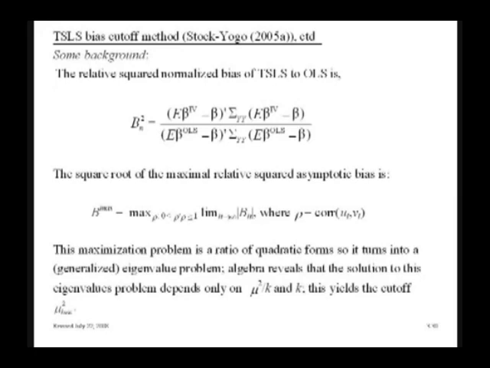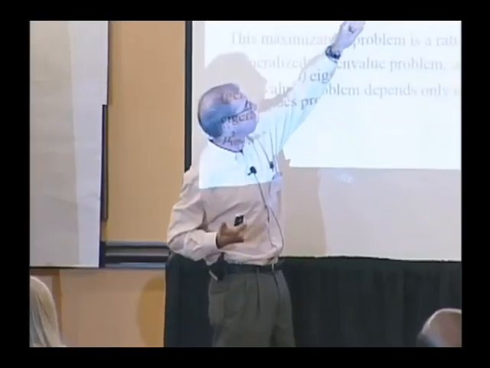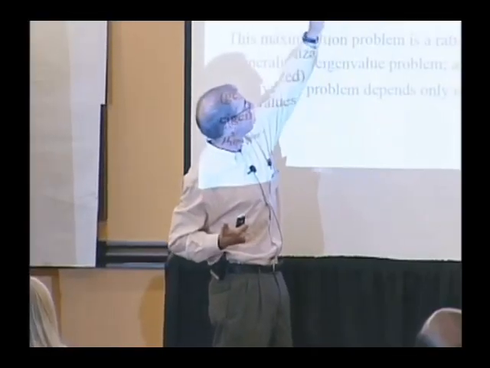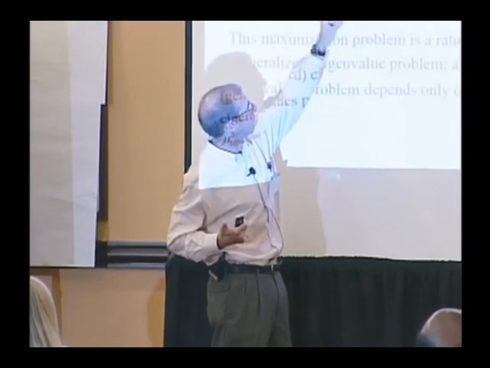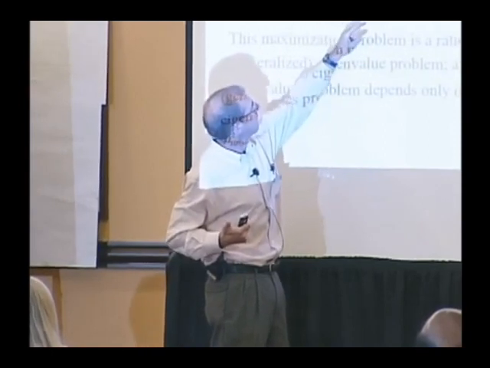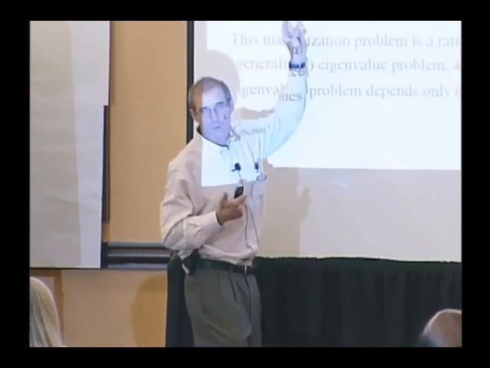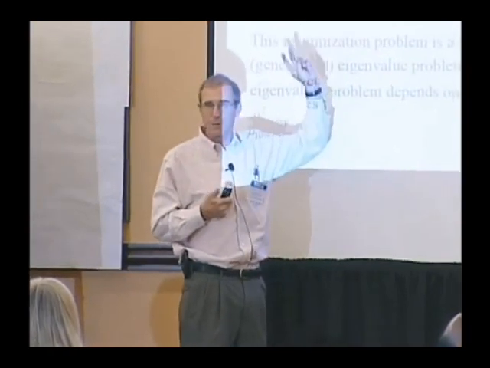And the nice thing about that is that it's a ratio of quadratic forms, and it turns out that you can solve that ratio of quadratic forms in a way that turns out to be an eigenvalue problem. And you can say what's the degree of endogeneity that's going to, in a vector sense, give me the greatest bias of two-stage least squares relative to OLS as a function of the concentration parameter. And it turns out that that's an eigenvalue problem that you can solve.